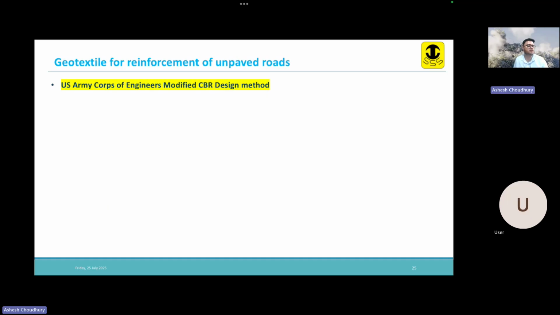Now we have some more methods that are there. One is the US Army Corps of Engineers modified CBR design method. So what does it give us?